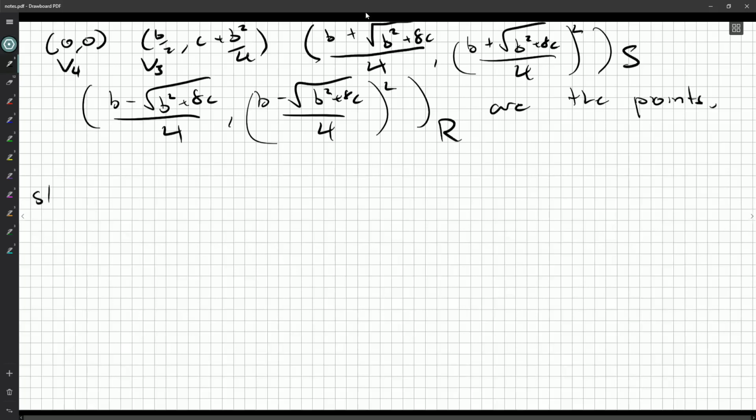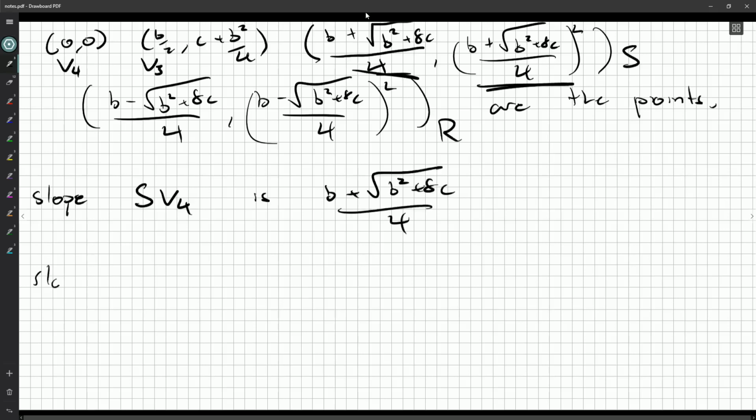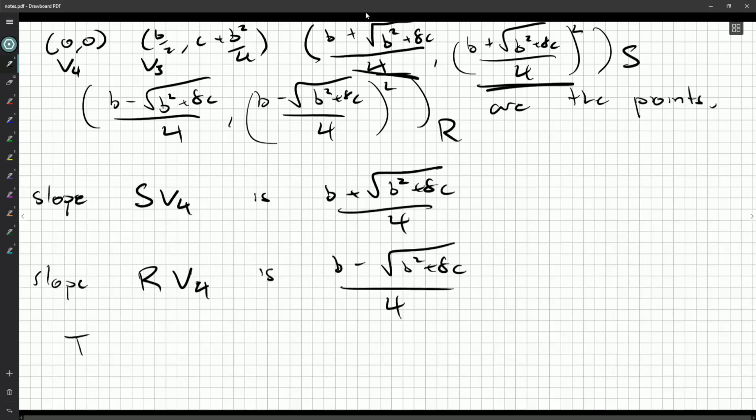So the slope of SV4 is just going to be this value over this value because you're just subtracting 1. So b plus square root of b squared plus 8c all over 4. Slope of RV4 is just dividing by this amount. There we go.